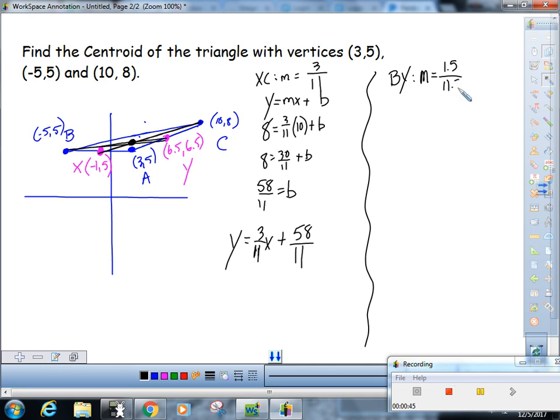Over 11.5, so we would double the top and double the bottom. Very good, Paul. Okay, so now what do we do? That's what we got to find b. We don't know b. Oh, okay, yes. Plug in a point and solve for the intercept is what we should do. Okay, so do that for me, Ben.